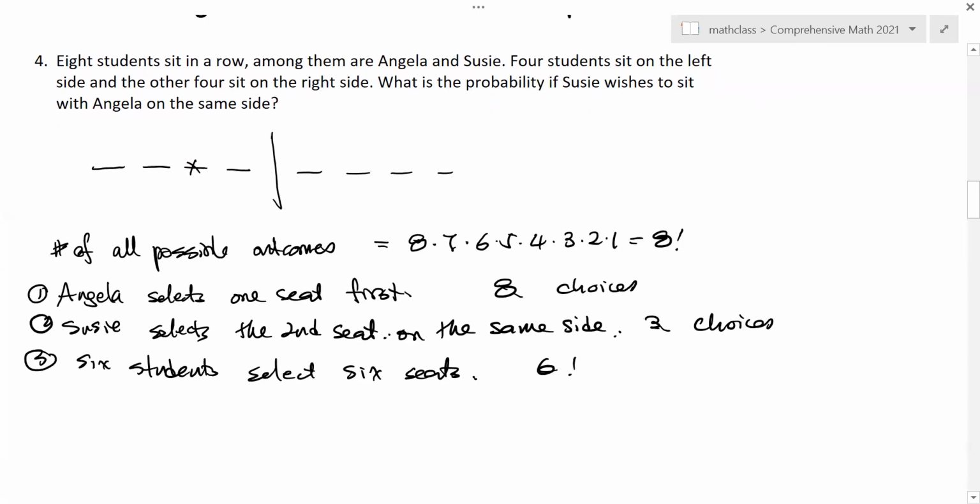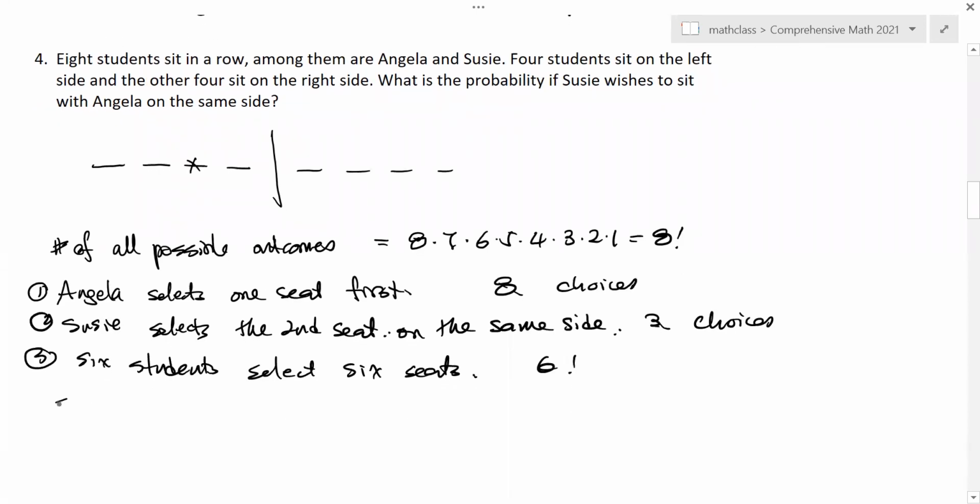So the number of design outcomes is going to be 8 times 3 times 6 factorial. So you have to find a way to design some way to complete this task, to assign the seats and make sure Angela and Susie sit on the same side.